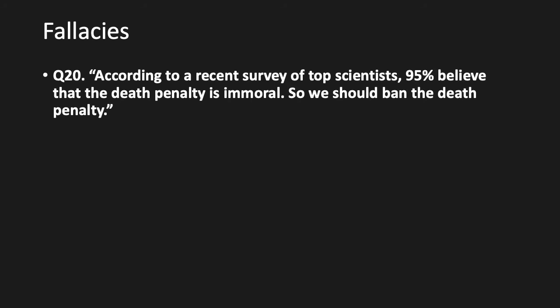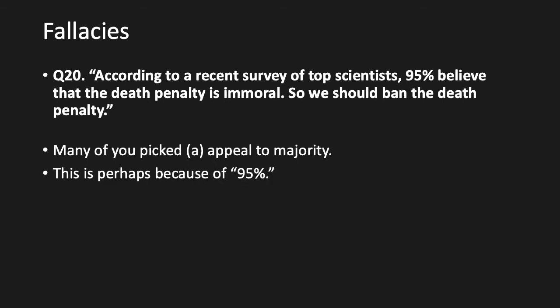All right. Question number 20. According to a recent survey of top scientists, 95% believe that the death penalty is immoral, so we should ban the death penalty. Now, many of you picked A, appeal to majority, as your answer, and I guess this is perhaps because of 95%, right?